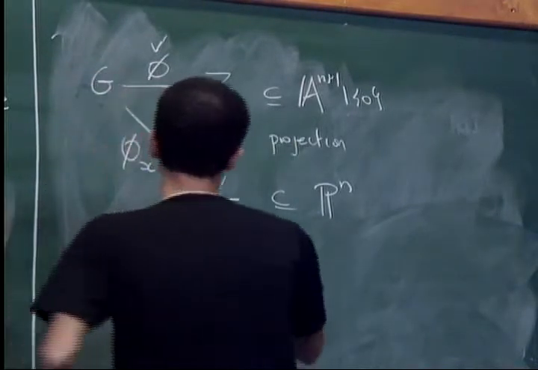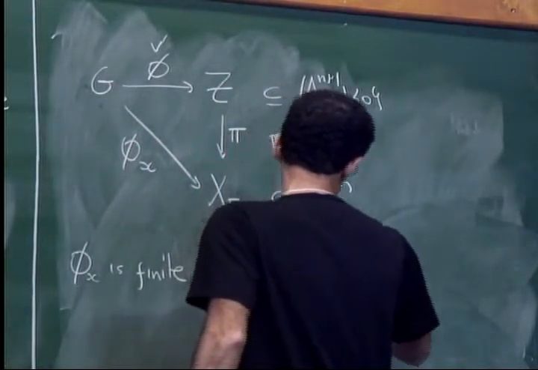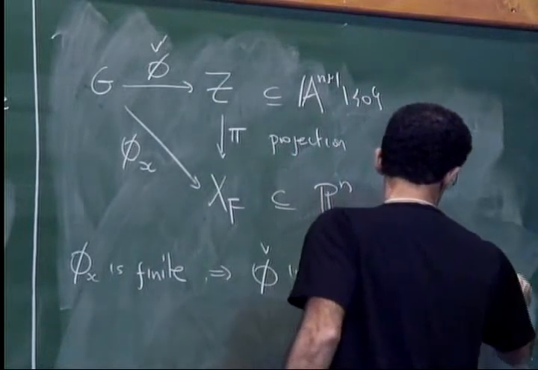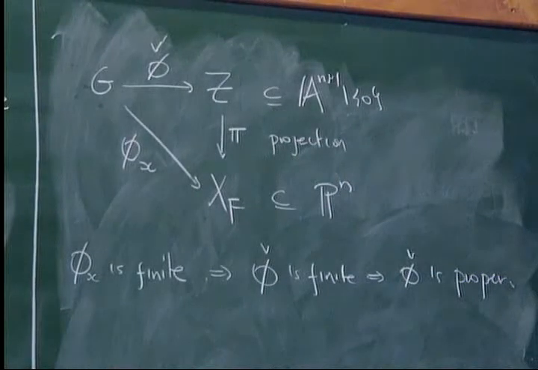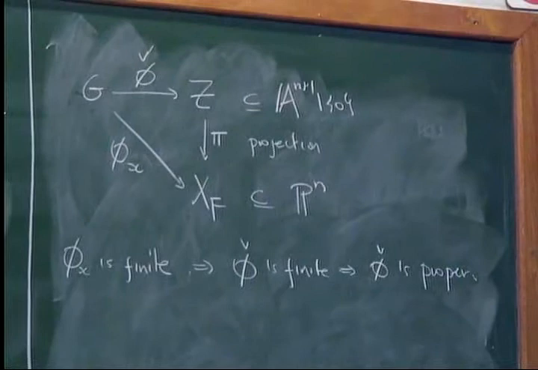Right? So that shows you that phi check is finite, and then it's proper. So that's what we wanted to show right here. Right? So let's look at the converse now.